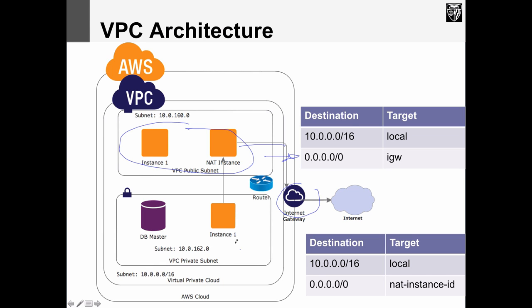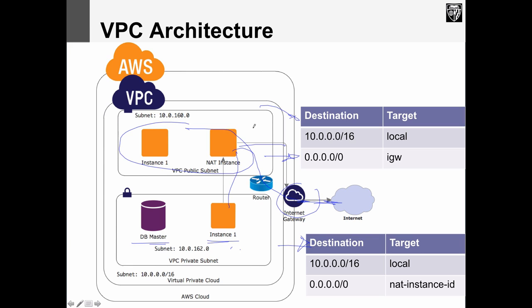The instances in the private subnet, instance number 1 and the database DB master denoted here, can talk to the internet using the NAT instance gateway. The NAT instance is a special EC2 instance that we had to create, and it accepts the traffic from the instances in the private subnet and then routes the traffic over to the internet using the internet gateway.